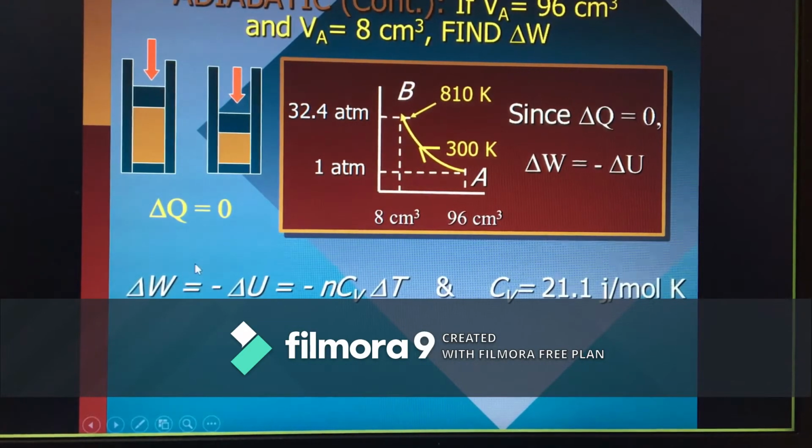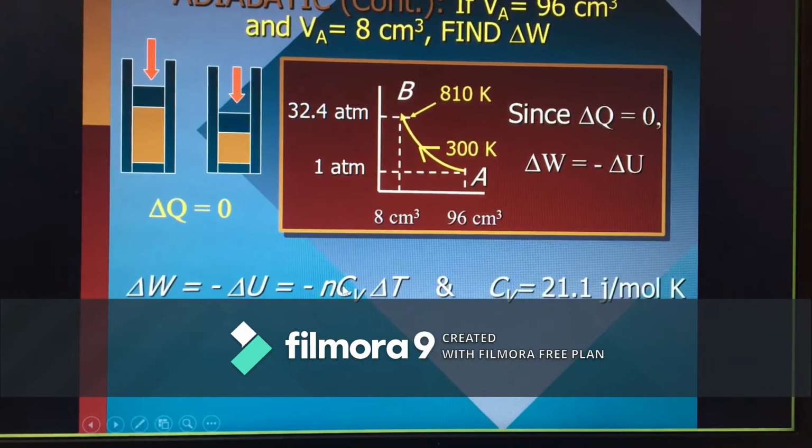So the question is, find the delta W. Take note, this still comes from delta Q equal to delta U plus delta W. It just happened that delta Q is equal to 0 for an adiabatic process. So that's why we have delta W equal to minus delta U. And we know from our previous discussion that delta U is also equal to n Cv delta T, where C is the molar specific heat of the gas. We carry the negative sign here.